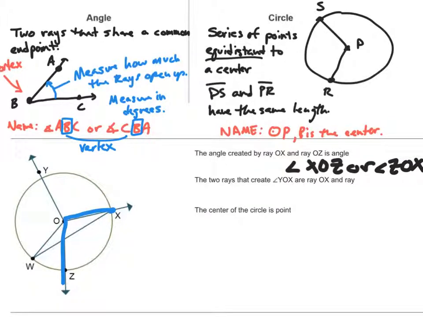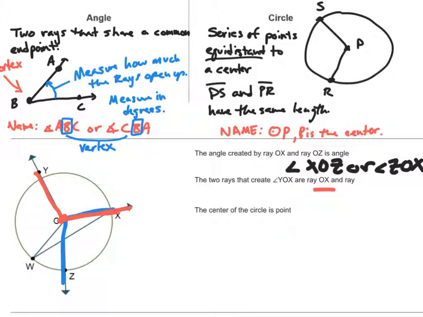On the next one, we've got two rays that create angle YOX. So let me highlight angle YOX. You have ray OX, which is this ray here.